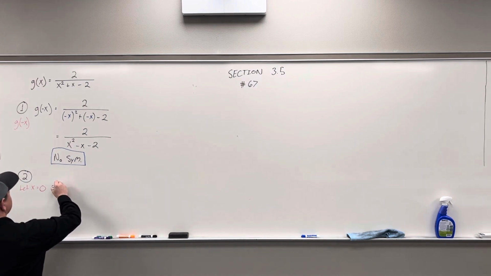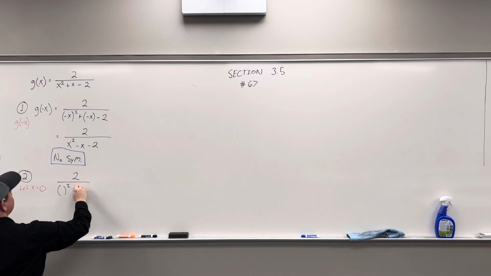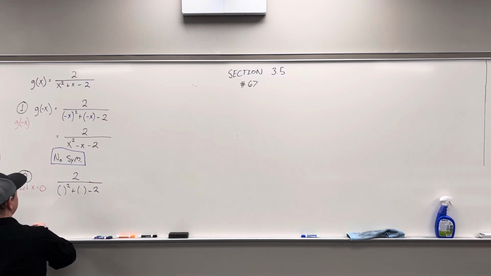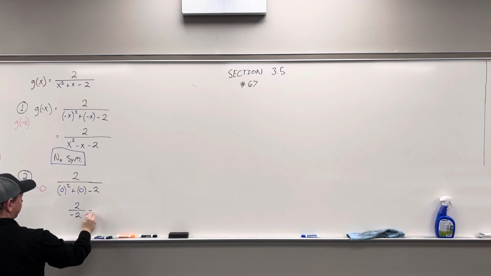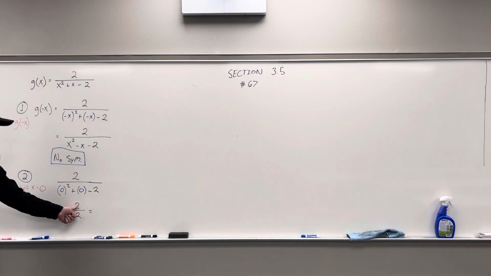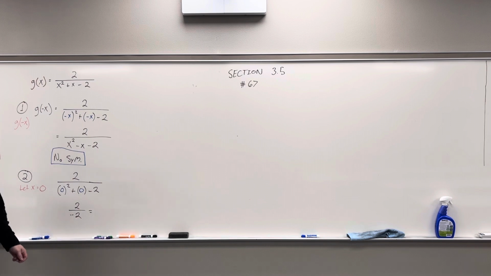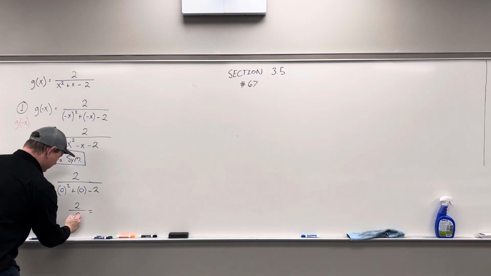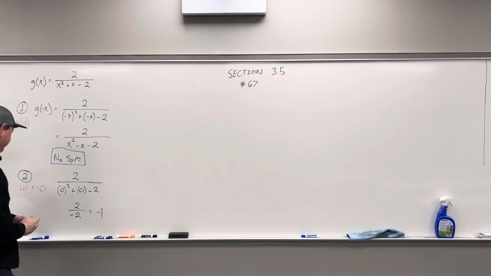So wherever our x's are, we're going to be putting in our zeros. Those cancel out, and we're left with a 2 over a negative 2. We know that anything over itself is 1, and then we still have that negative to account for. So this is a negative 1.